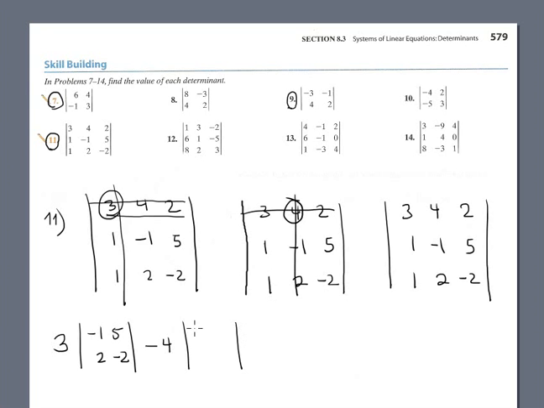That's 1, 5, 1 and negative 2. And finally, the last element in row 1 is plus 2, multiplied by the determinant when you delete this row and this column, which is 1, negative 1, 1 and 2.